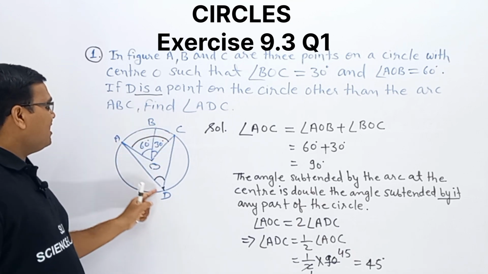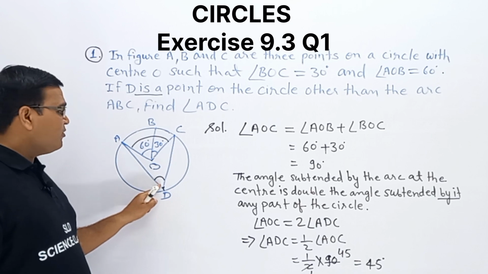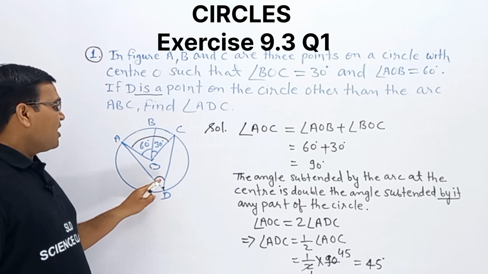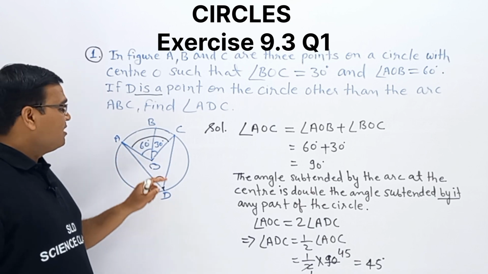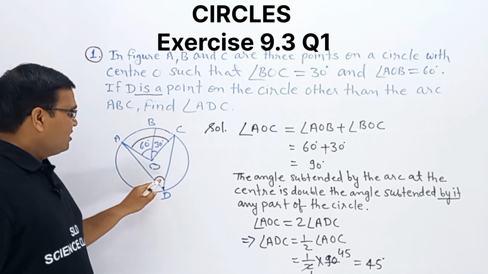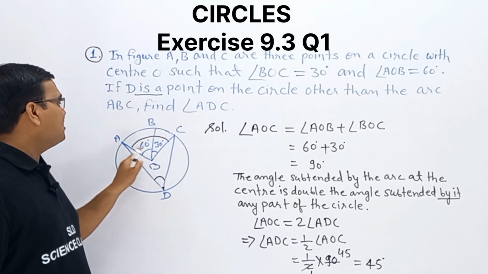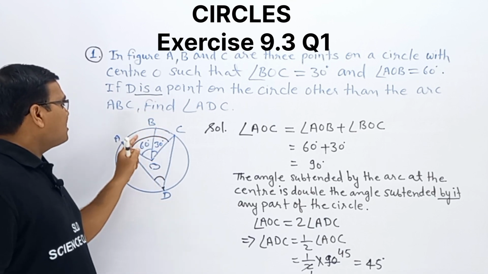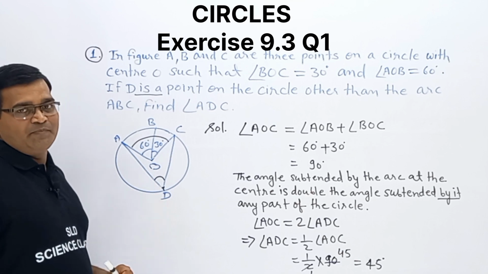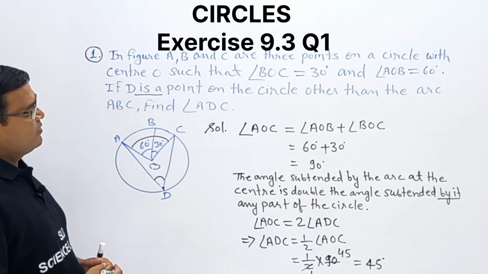So angle ADC is 45 degrees. At the center we have its double, so for this arc we have 90 degrees. Clear? So this is the solution.